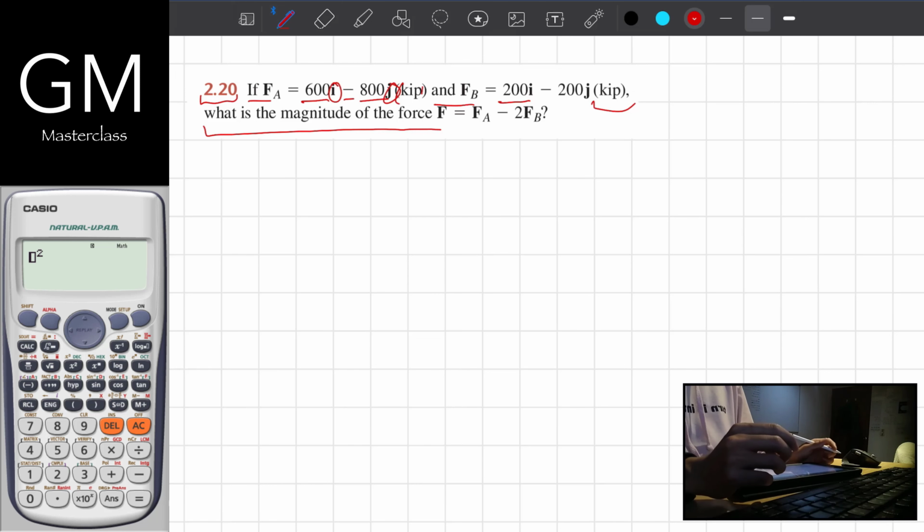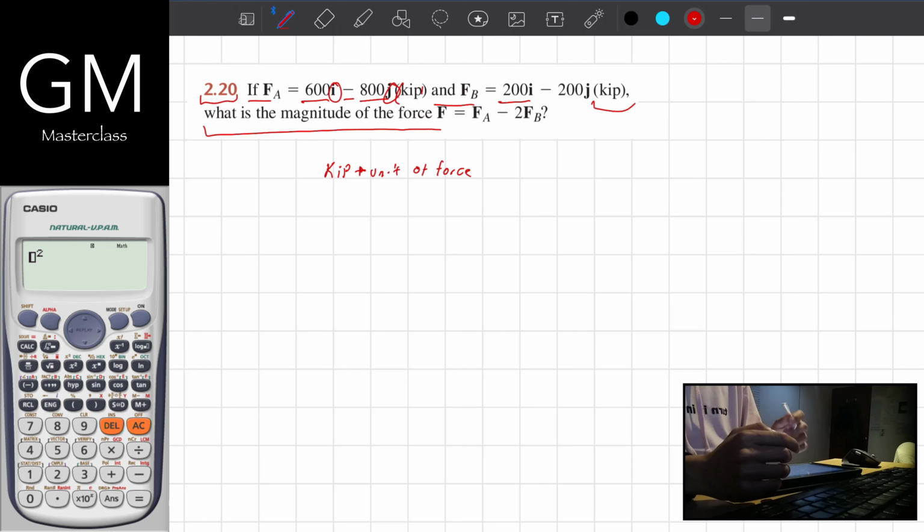Well, first it's important for us to understand what a kip is. A kip is a unit of force. It is not usually used along with the international system of units, but it is pretty common when we are talking about US customary base units.